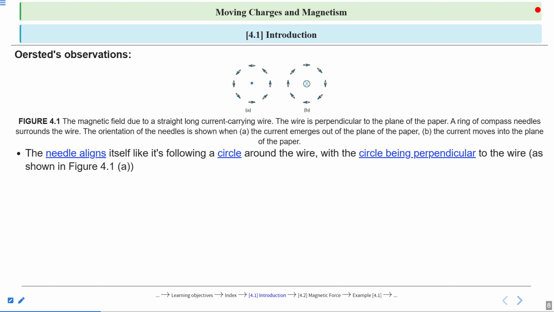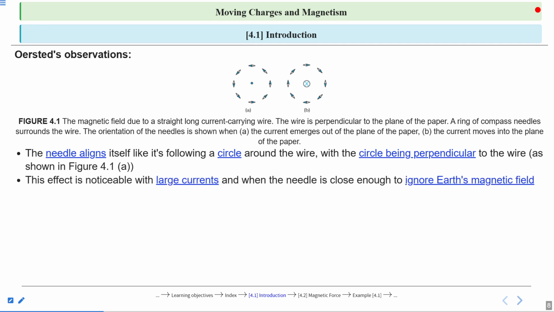So this circle is perpendicular to the current direction, as shown in figure 4.1a. Now, the effect is noticeable with large currents. If there is a weak current in the conductor, then this effect will be much less, and you cannot determine the deflection of the needle accurately.